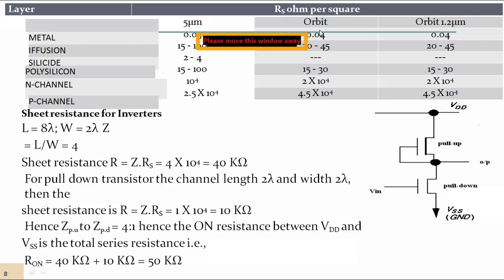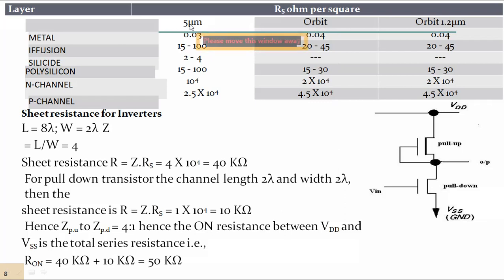Similarly, if the technology is 5 micrometer, the next is 2 micrometers. In this case, 0.04, 0 to 45, silicide not applicable. Polysilicon is 15 to 30, 2 into 10 to the power 4, 4.5 into 10 to the power 4. Just observe those values. If you go down, length and width decrease.